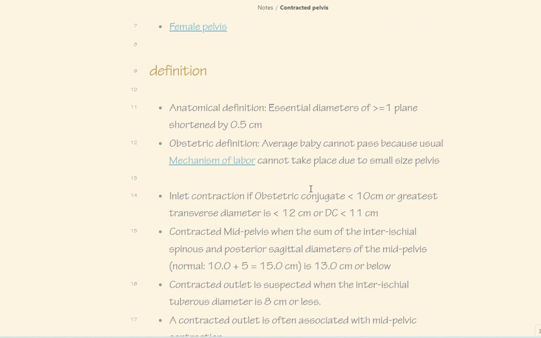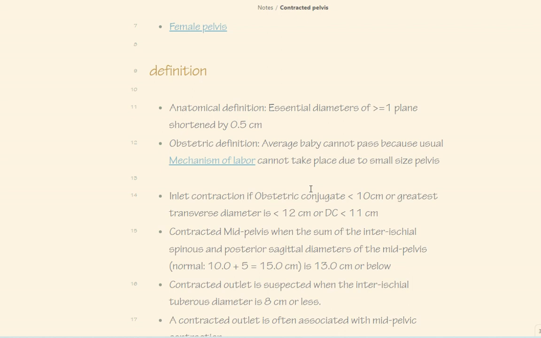If at the inlet, the obstetric conjugate is less than 10 centimeter, or the greatest transverse diameter is less than 12 centimeter, or the diagonal conjugate is less than 11 centimeter. So 10, 11, 12.